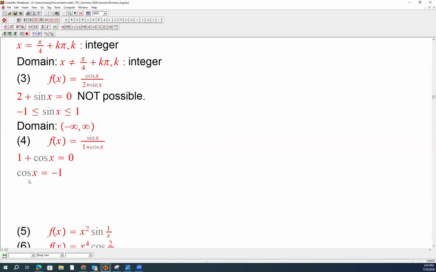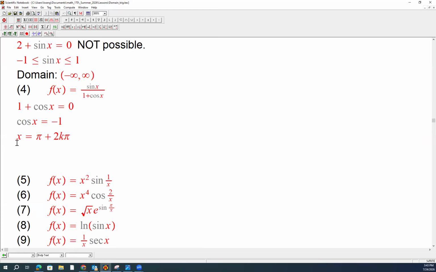What are the angles that cause cosine to equal -1? Those will be x equals pi plus 2k pi. If you look at the unit circle, that's pi.